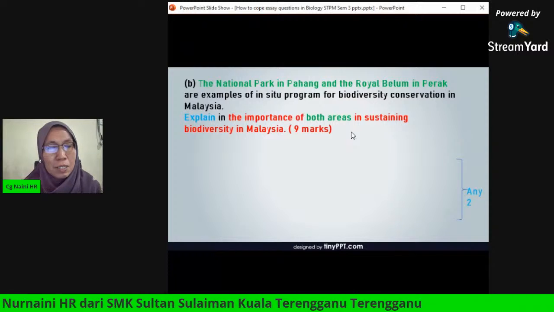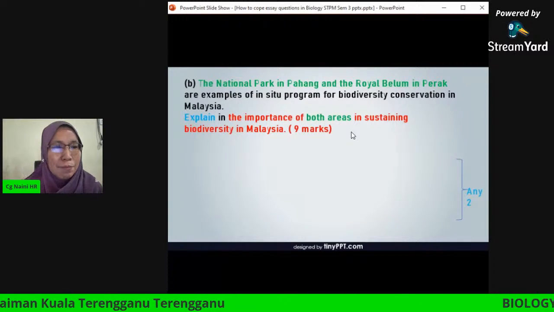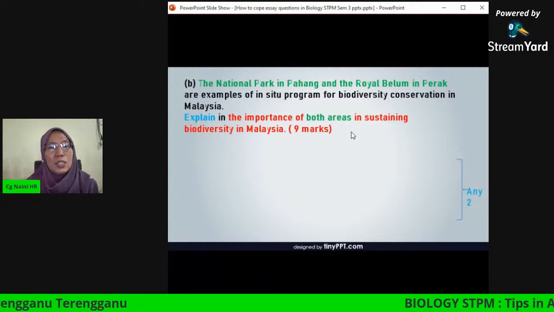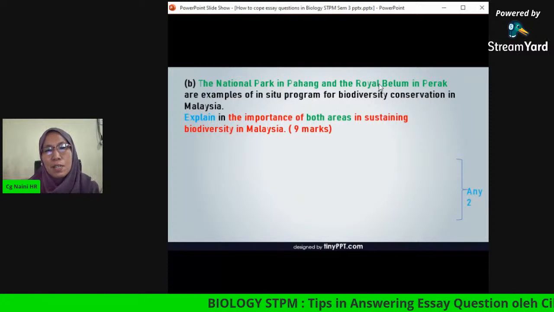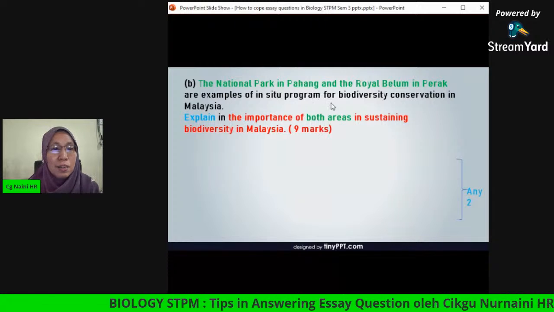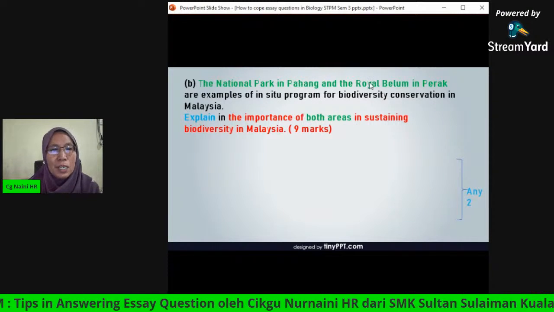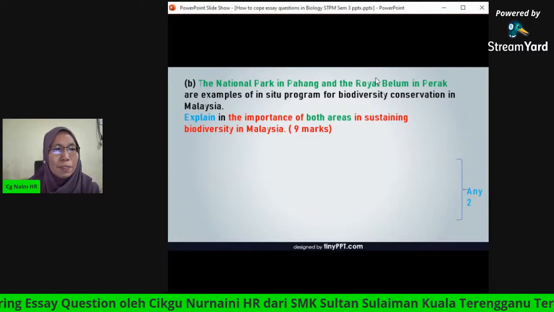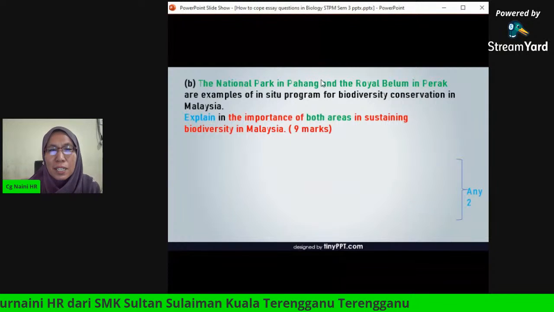You must know what is in situ program for biodiversity conservation in Malaysia. So the area refers to the National Park in Pahang and the Royal Belum in Perak. So your answer must relate to this area. So what are these two areas? This is for in situ biodiversity conservation, right?